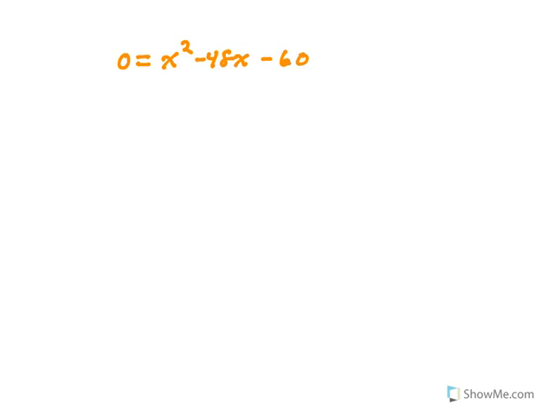We're not going to be able to factor this, because there are no two factors that add up to 48 when we find all the factors of 60. So we have to use the quadratic formula.